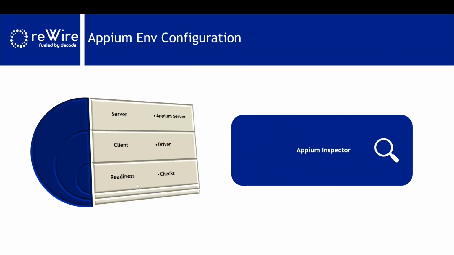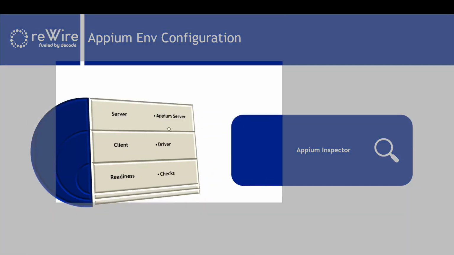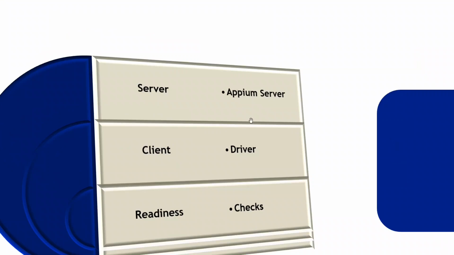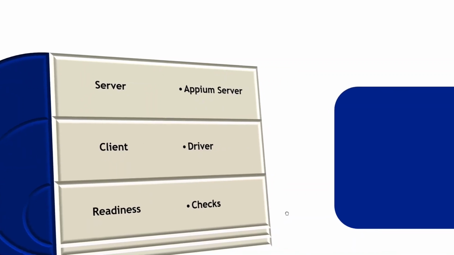As I told you, this is the part about the Appium server. Server means I'm talking about the Appium server; client means the driver that comes to mind; and readiness. All these components are open source components, and we are configuring and installing them individually.